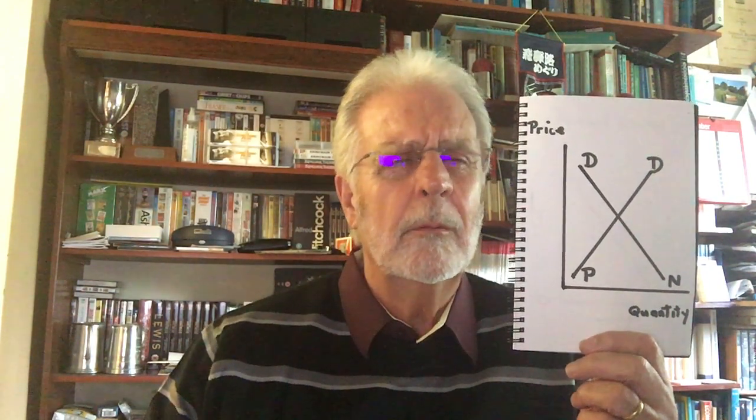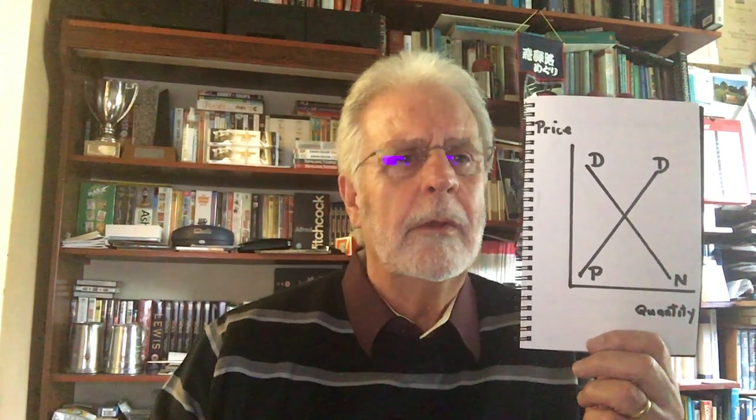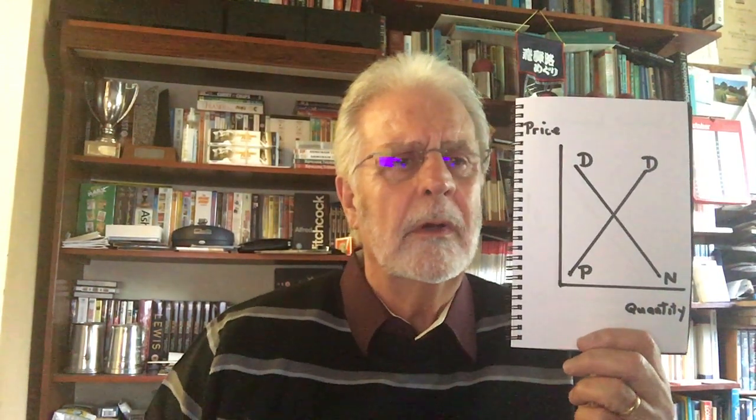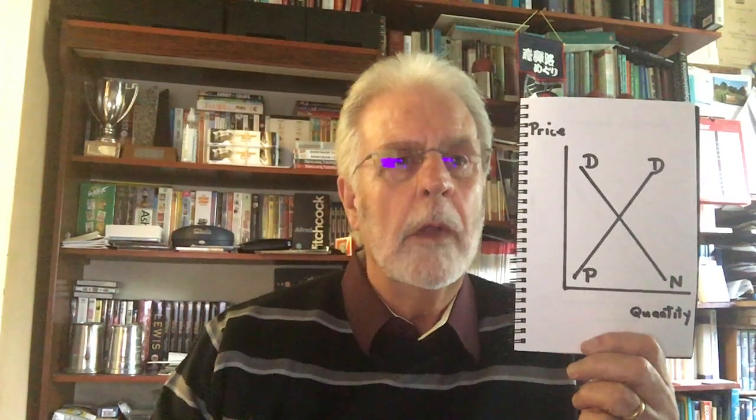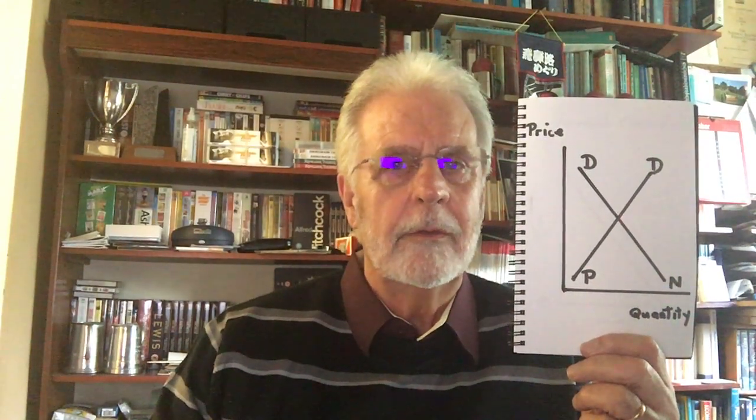It's not doing what you would expect because people are demanding more of this product when the price goes up, but less when the price goes down. One type of inferior good illustrates that, and there are two other types of products that we identify for simplicity to make this point, and they are called conspicuous consumption and speculative goods.